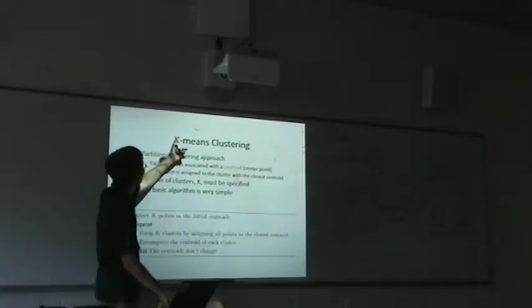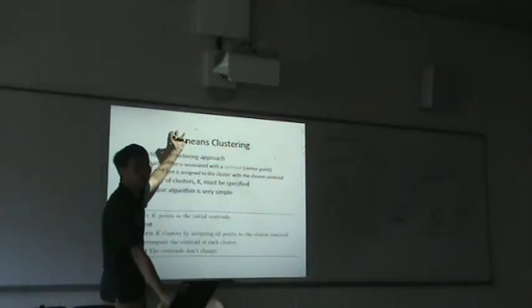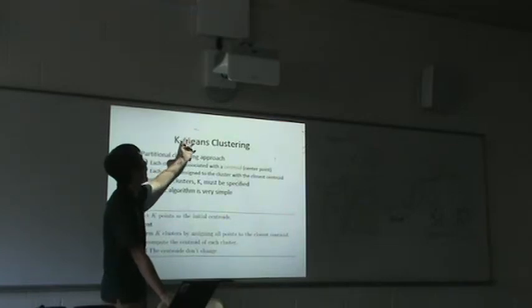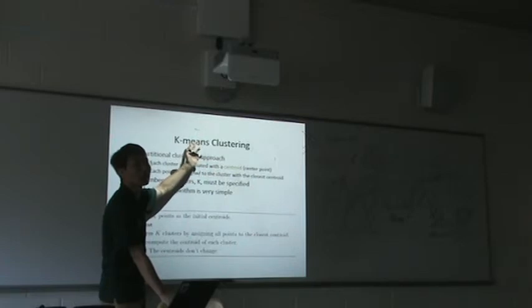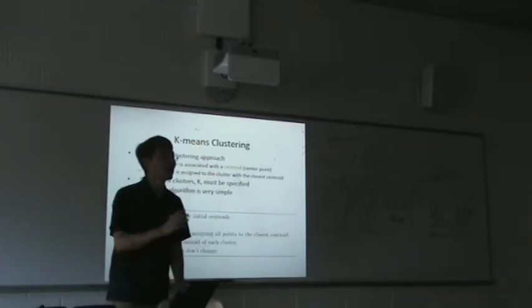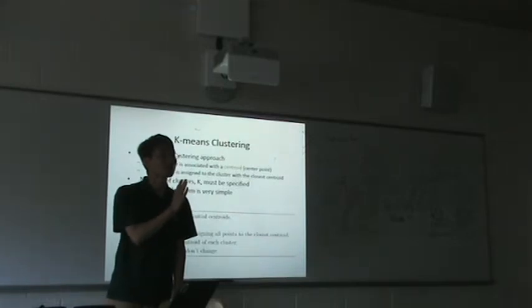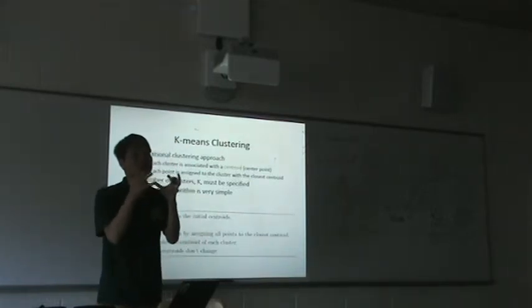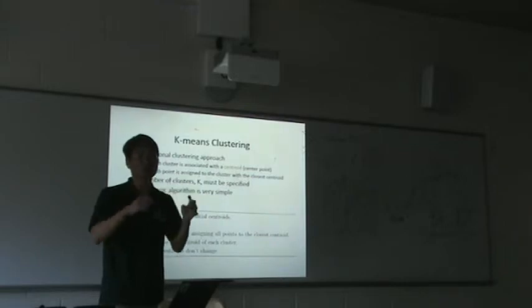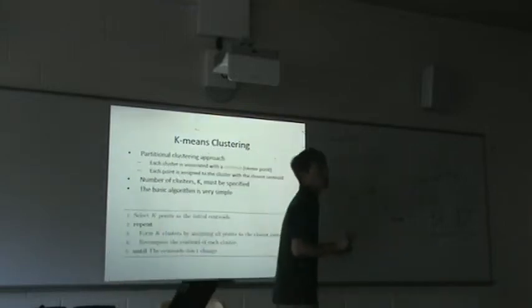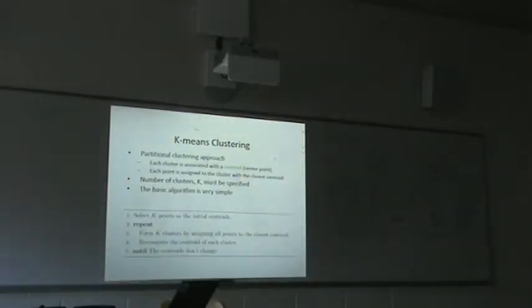K-means means K, the number of clusters, how many groups, okay? And means we are going to use the average, mean value, to optimize the cluster. So we are going to check the distance. So simply, I'd like to cluster this group. First, for example, K is equal to 2 groups.